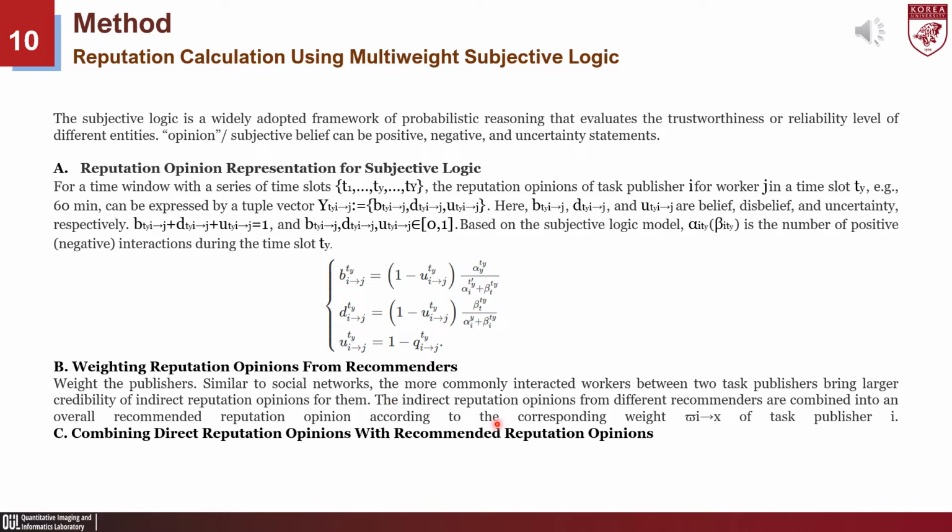The indirect reputation opinions from different recommenders are combined into the overall recommended reputation opinion according to the corresponding weight of each task publisher. At the end, we combine the direct reputation opinion from step A and the recommended reputation opinion from step B.